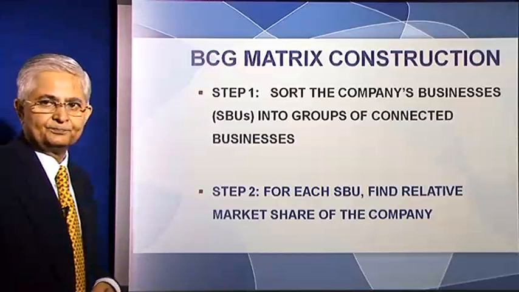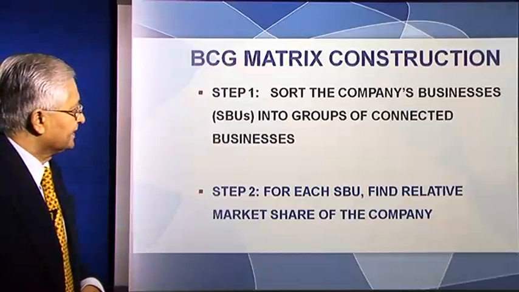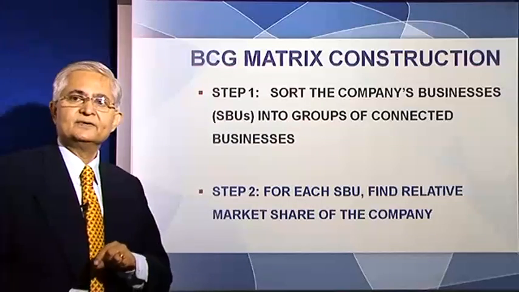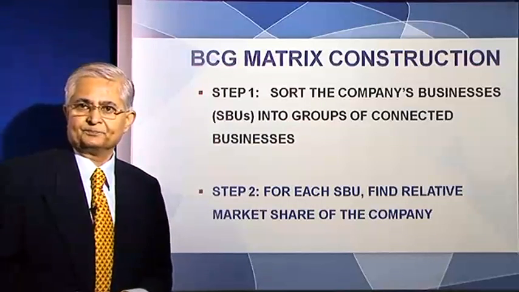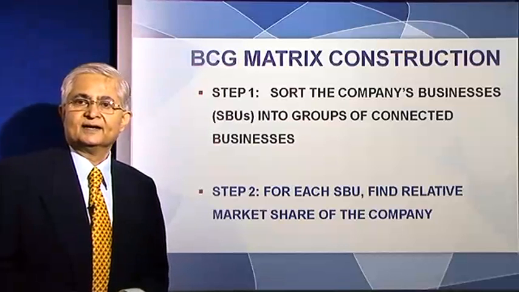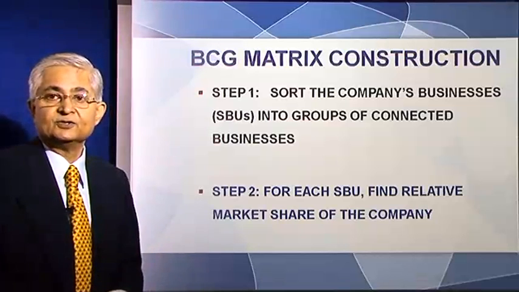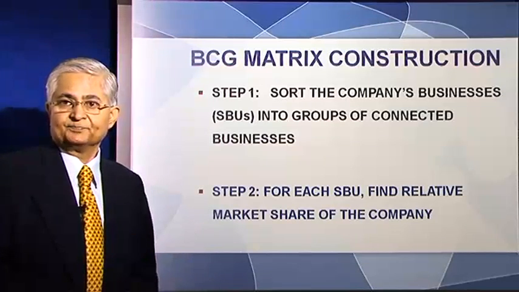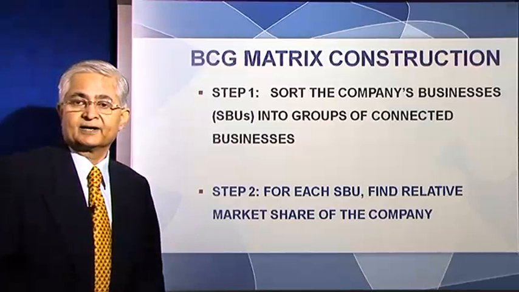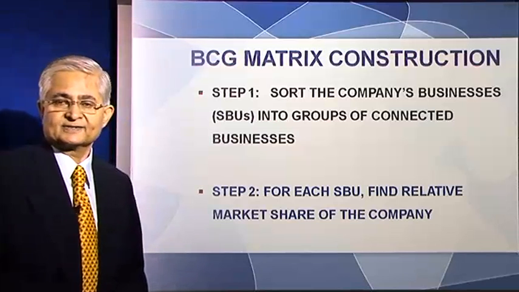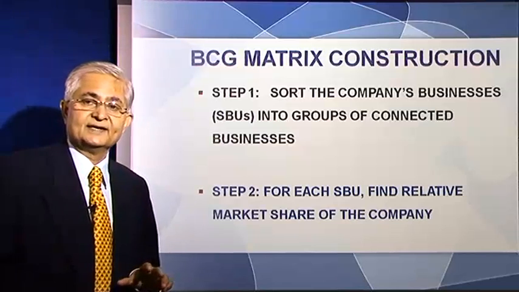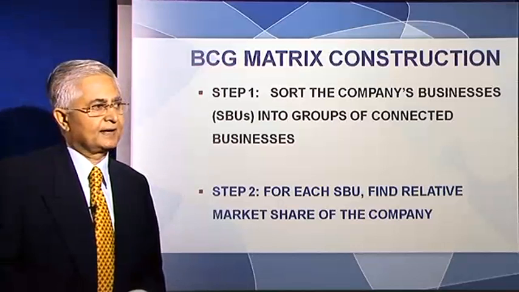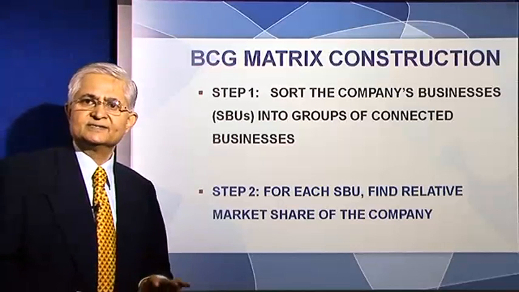That's step 1. Step 2 is for each SBU find the relative market share of the company. For instance, in the case of the tobacco SBU, the market share is very high. The company has a very high market share in tobacco products. In the case of the hotel SBU, the company has a reasonable market share.